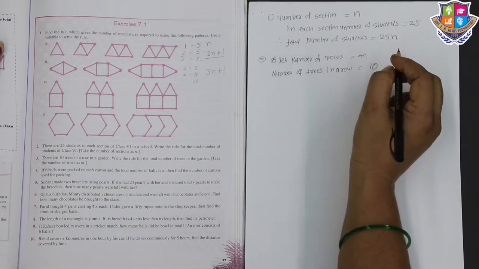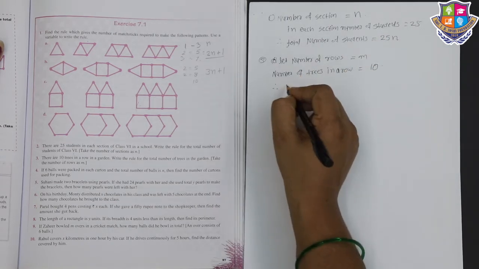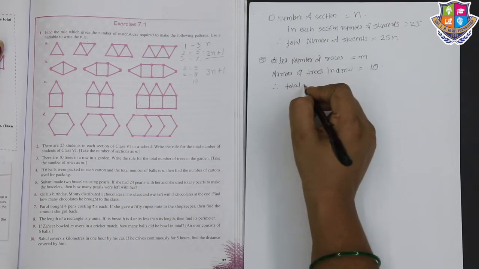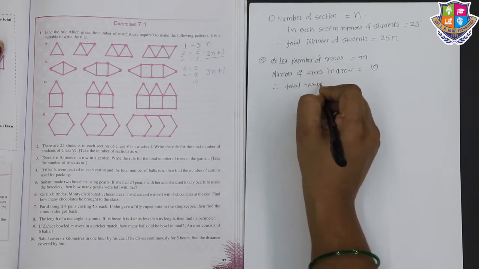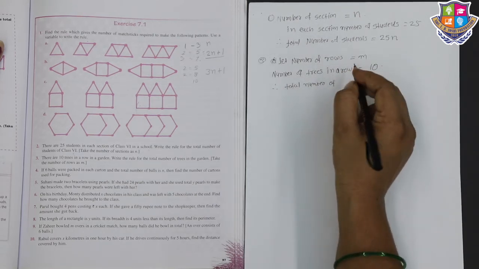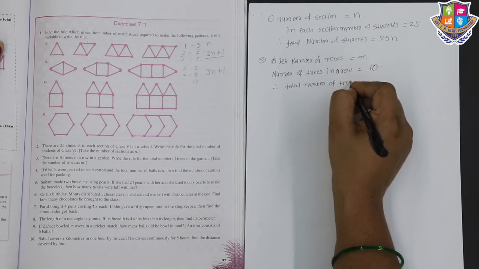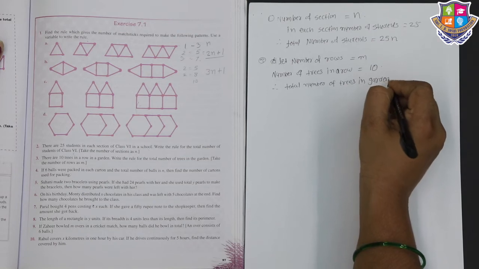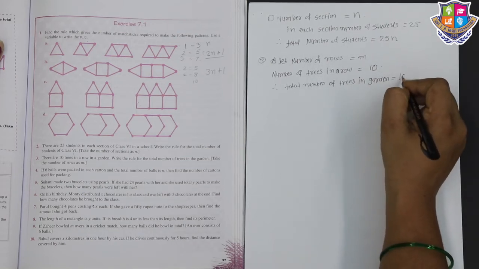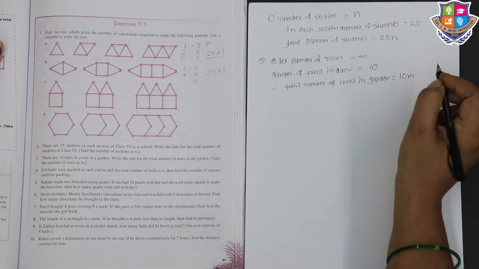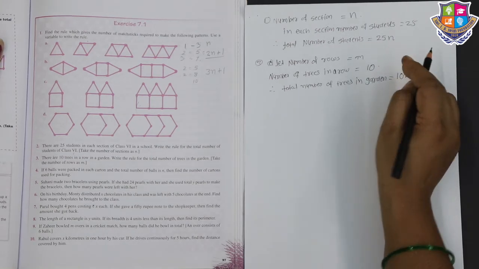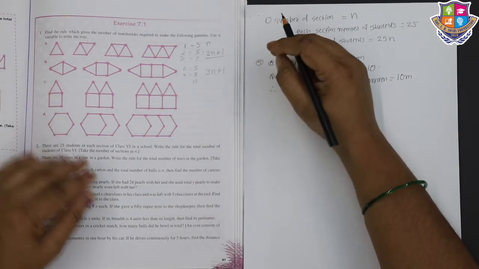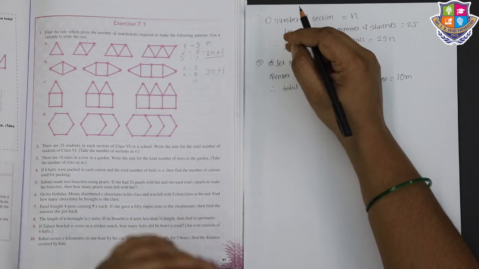So you have to find out the total number of trees in the garden. Therefore, total number of trees in the garden is equal to, you just have to write 10m. Okay, so in this way you have to follow the same rule for the examples and solve them. Okay, now see the next one.